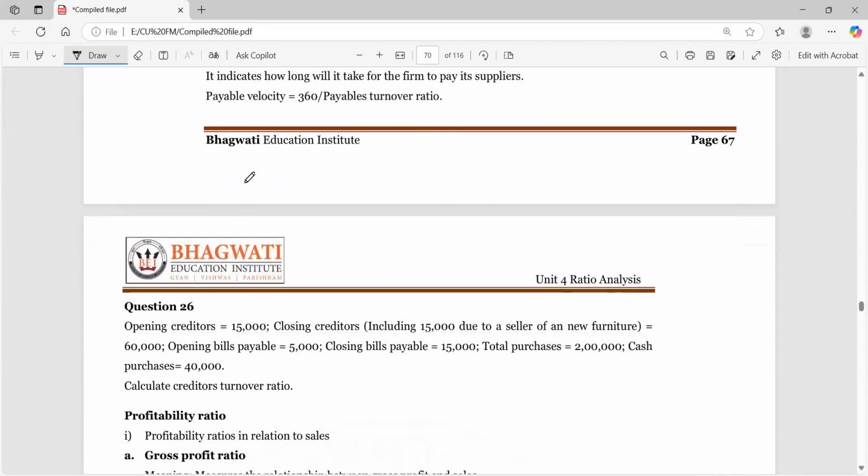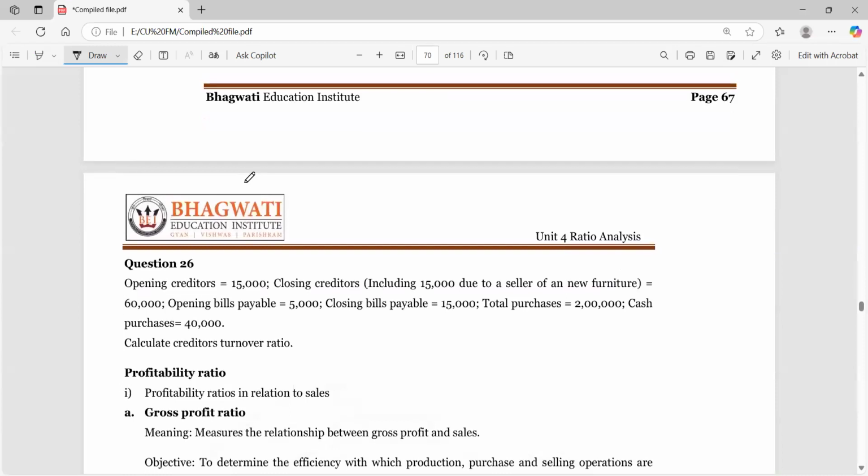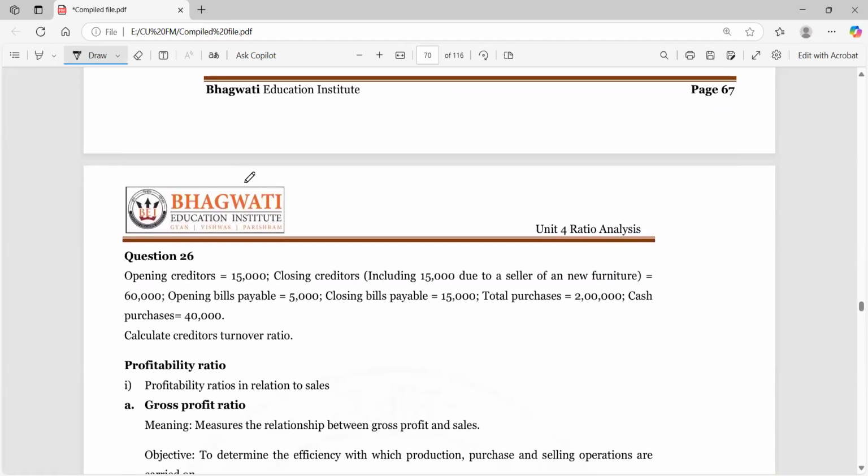Now listen, payables velocity and payable turnover, exactly the same interpretation, same calculation.